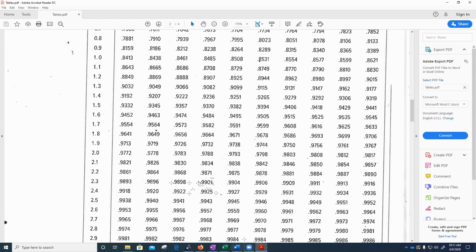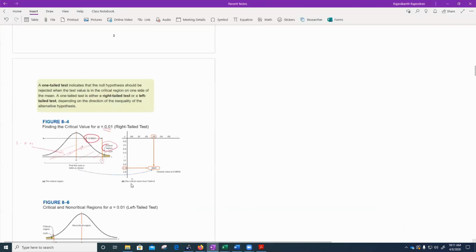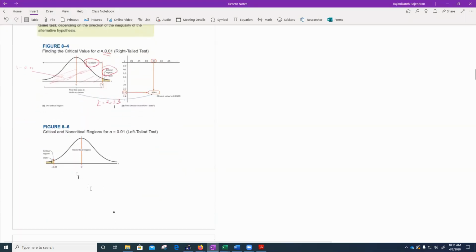Therefore, the critical value for that area is roughly 2.33. So the critical value z in this problem is 2.33. If it is the left side area, because of symmetry, you will get negative 2.33, right?